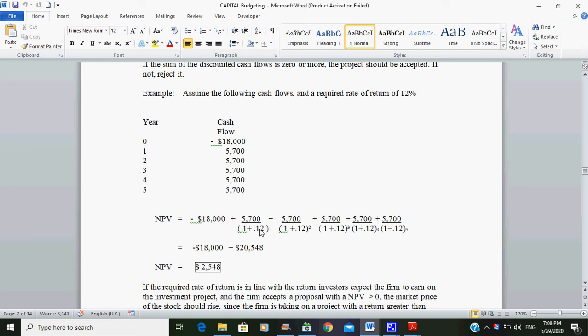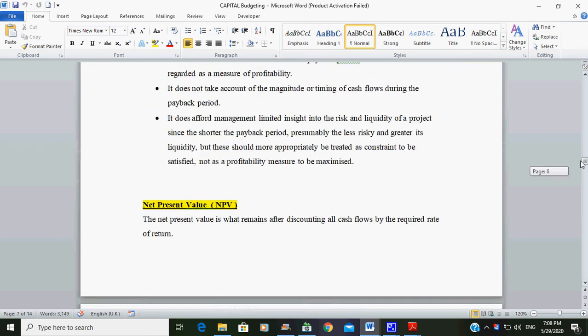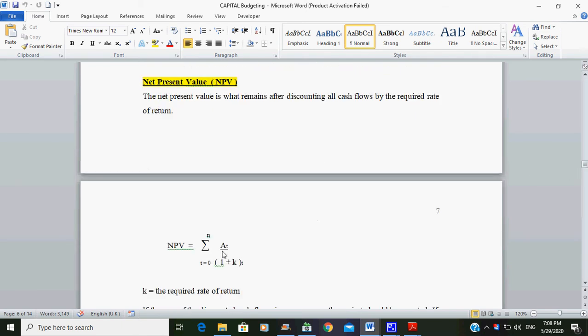Now this formula is representative of the cash flow divided by (1 plus K) to the power of time, where time is the period. The first one will be 1, then 2, 3, 4, right?